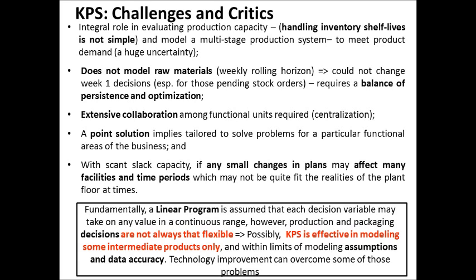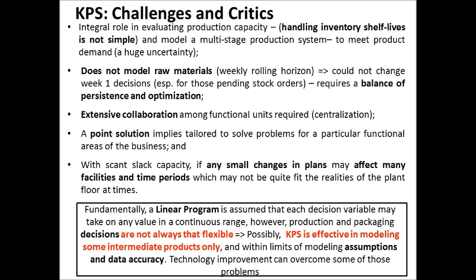The linear program models a multi-stage production system, but it does not really model the raw material. There is also a lack of flexibility; for instance, KPS might suggest that about one third of a shift of a low demand SKU be produced at some plant in each week.